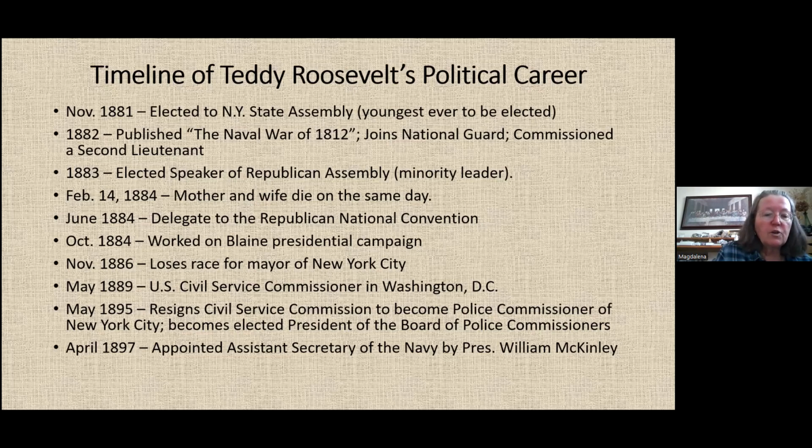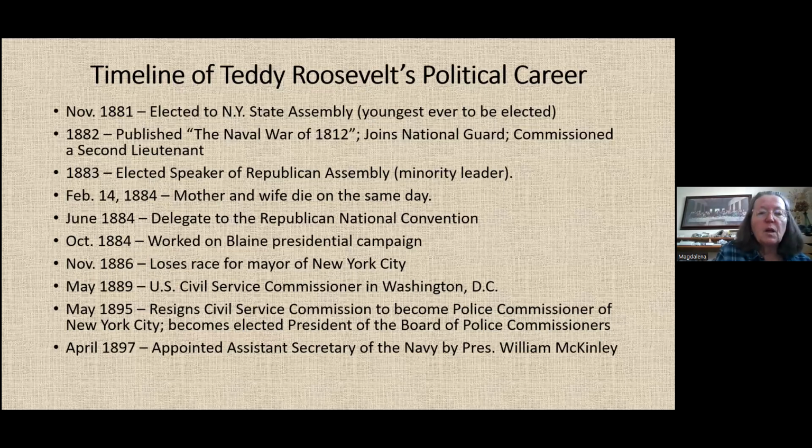This was a big jump, okay? As president of the Board of Police Commissioners, you were entirely making policy yourself, but it was very, very full of graft and corruption, okay? It was terrible. He became appointed Assistant Secretary of the Navy by President William McKinley.